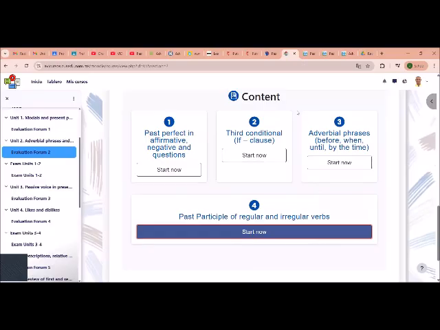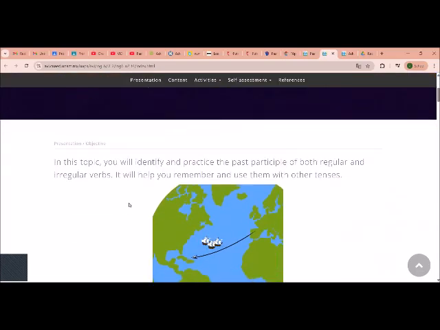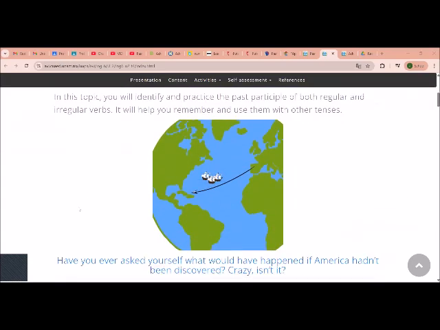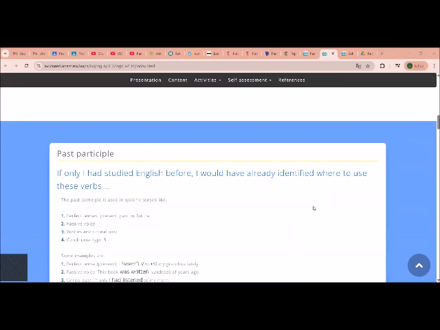Now, after that, we looked specifically at the past participles, because if we're going to be making perfect sentences and conditional sentences, we need to use participles. Now, the participles are usually what we call the third form of our verbs. So if we think we have present forms, then we think of our continuous forms.